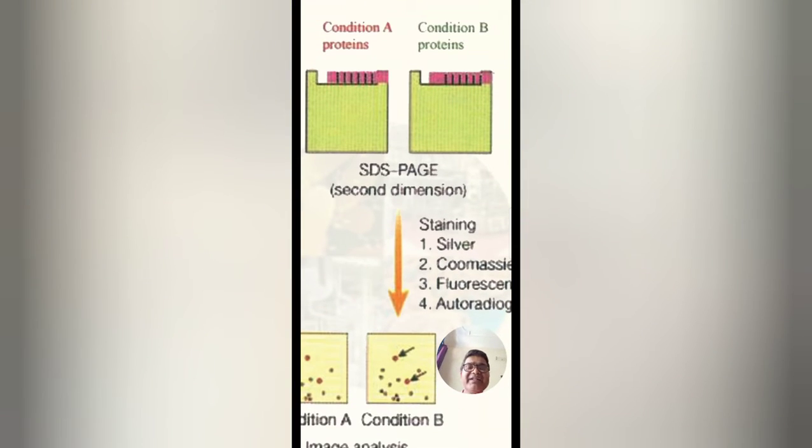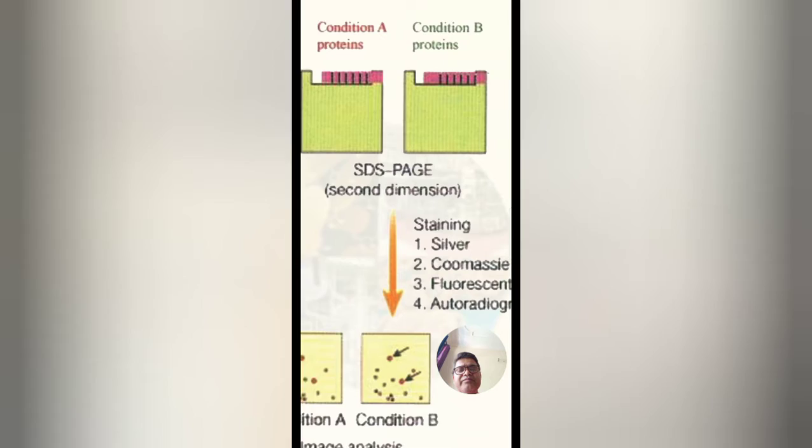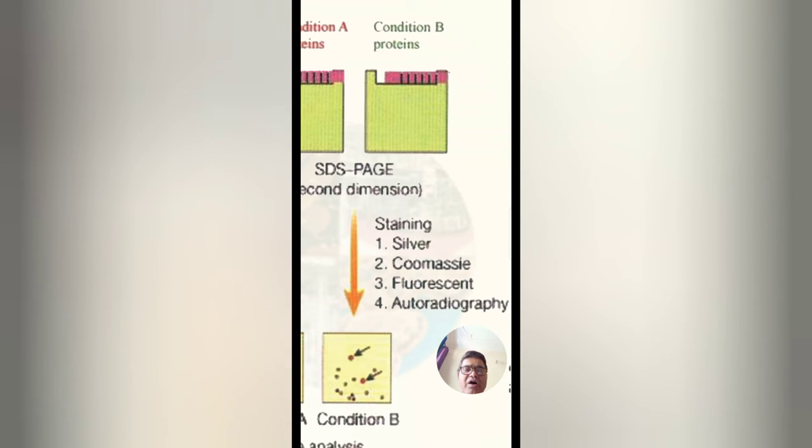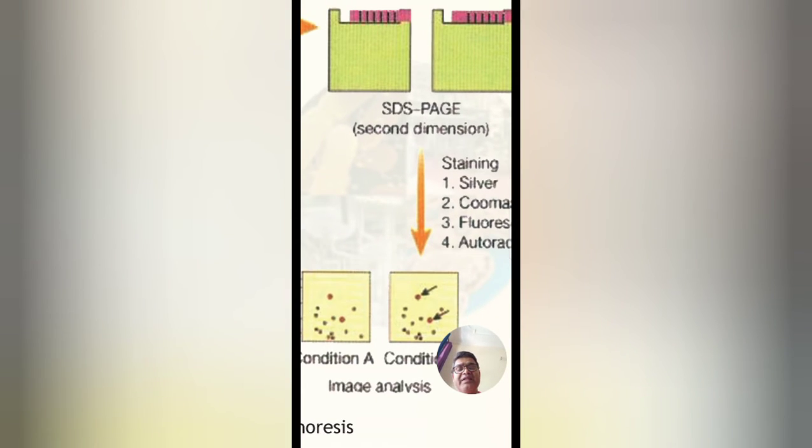So after separation, when the electrophoresis process has occurred over 70% or 80% of the area, then with the help of different staining processes, either silver stain or Coomassie blue stain or fluorescent stain or autoradiography, we will try to find the spots of protein.